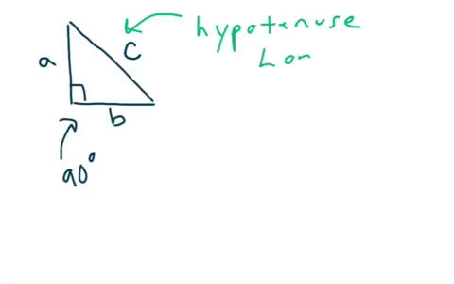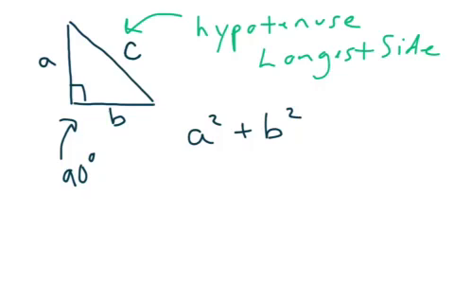And in the Pythagorean theorem, a squared plus b squared equals c squared. And that's all you need to know to be able to solve any kind of problem that involves a right triangle.